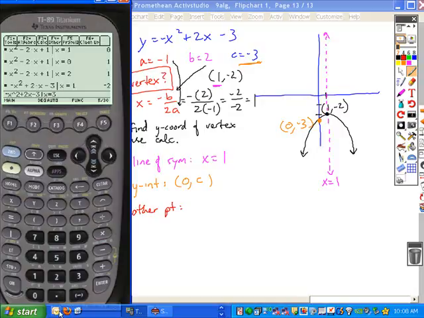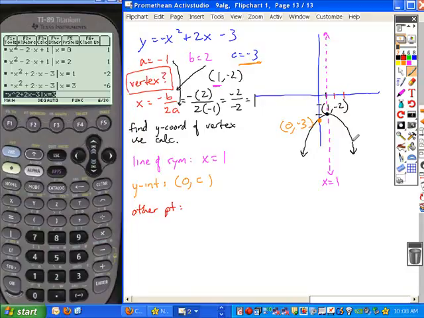Let's say we go x is 3. Our corresponding y is -6. So here would be our point, 3, -6. And that's what you would be looking for and answering on this problem.